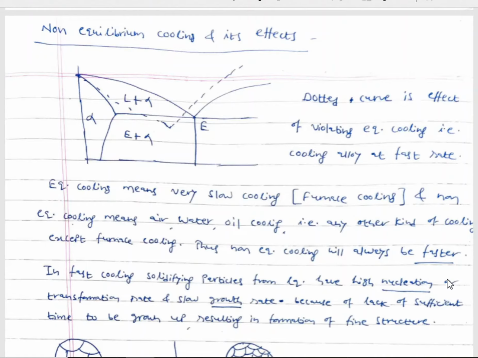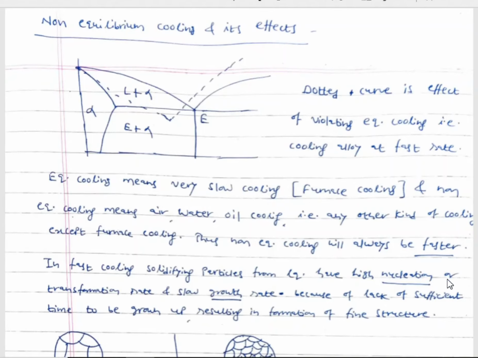So in fast cooling, what happens? Solidifying particles from liquid have a high nucleation or transformation rate, and their growth rate will be slow. Why? It is due to lack of sufficient time.